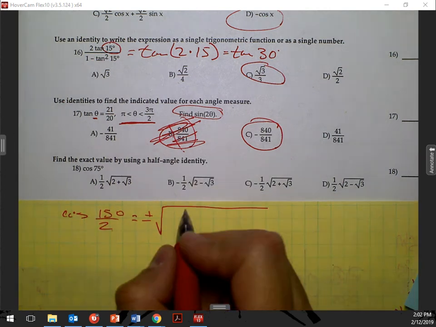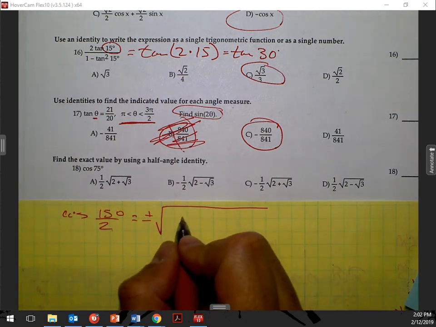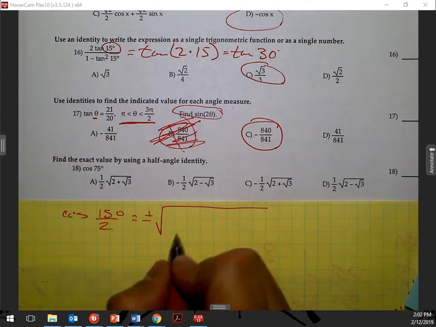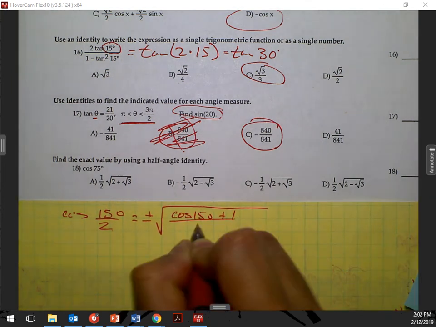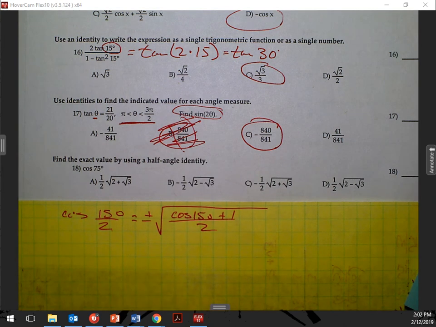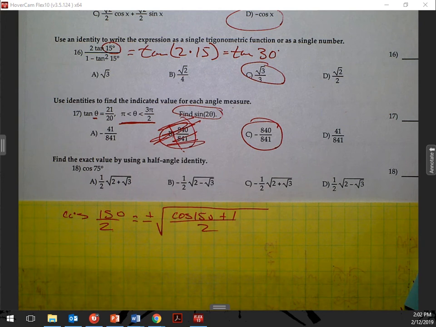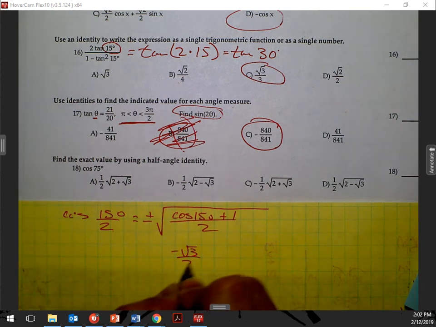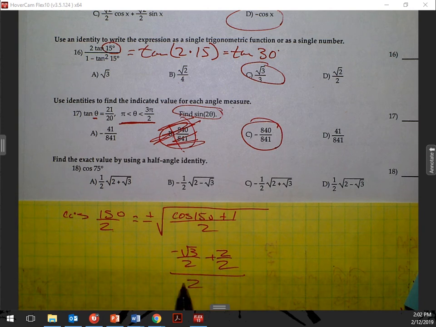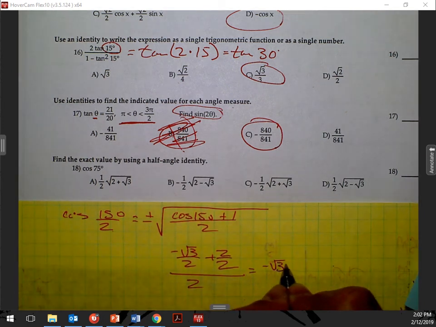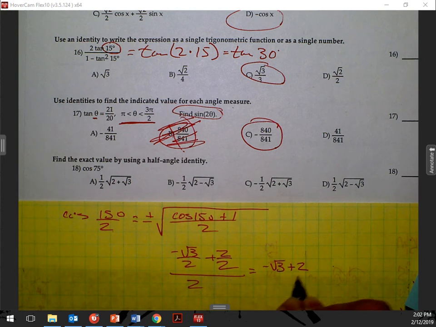And then that one's going to be cosine, so it's cosine of 150 plus 1 over 2. So cosine at 150 is negative rad 3 over 2, plus 2 over 2. So this is going to give me negative rad 3 plus 2 over 2 over 2.